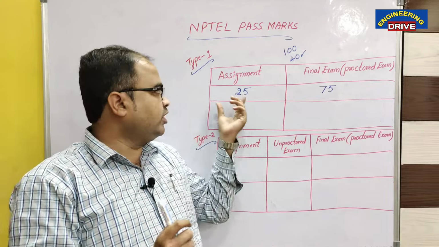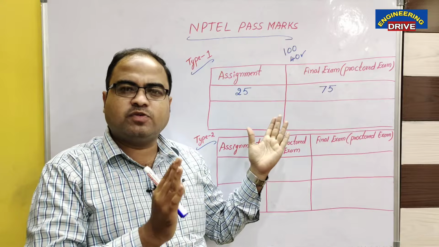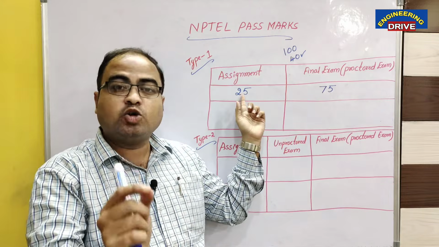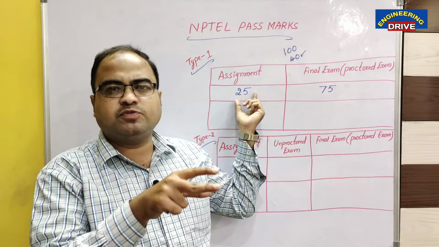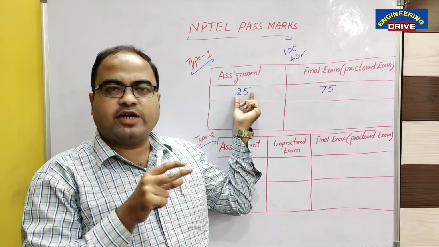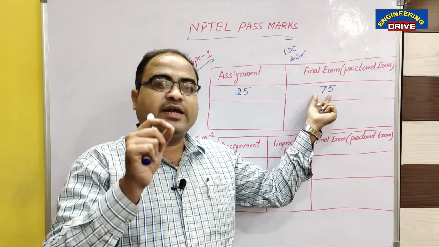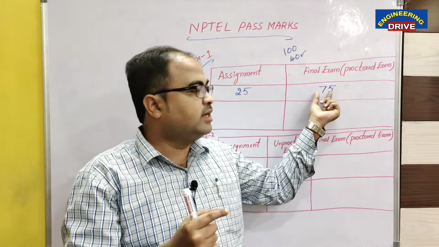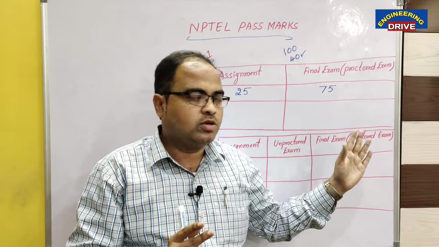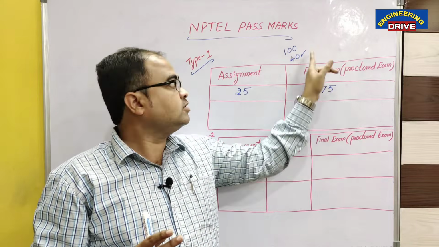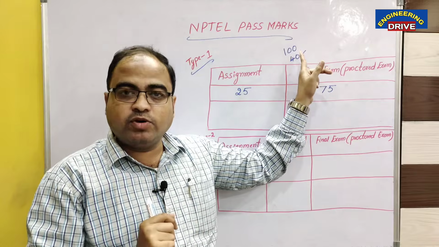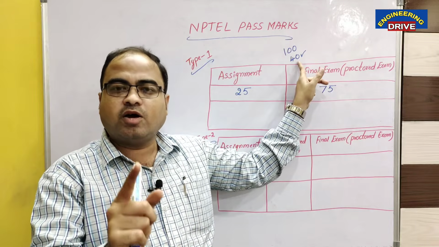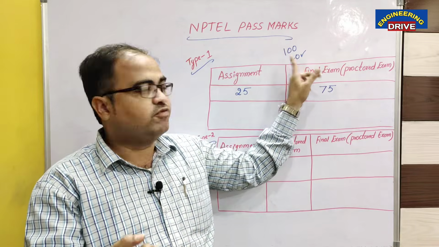So assignments you need to pass. All the assignments will be calculated for how many marks? 25 marks. The best assignments which NPTEL will take are calculated for 25 marks, and the final exam which you are writing is for 75 marks. Now 25 plus 75, how much? 100. Finally, how many do you need to get to be declared as passed? 40 marks.